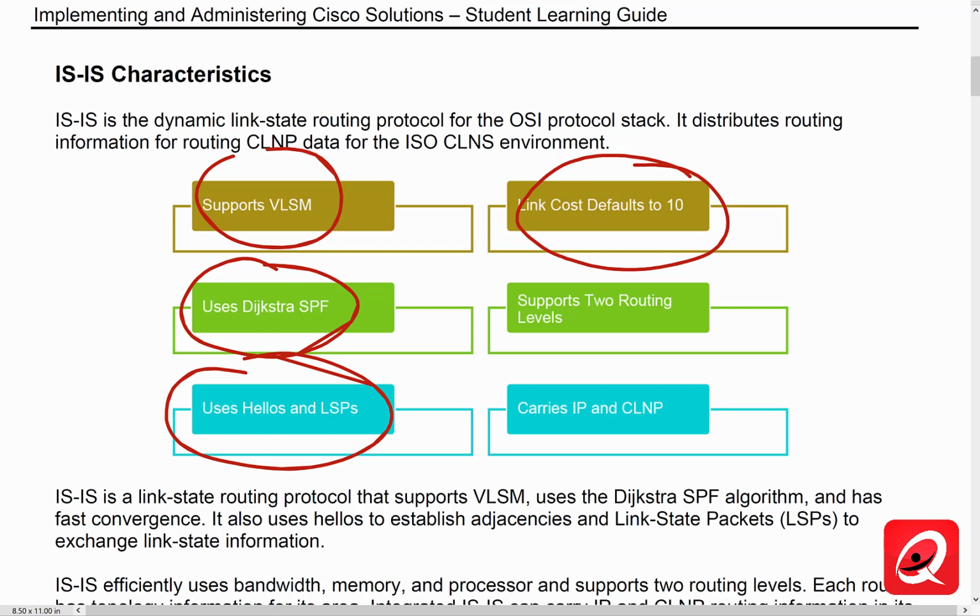Only the egress interfaces matter in that particular case, and that becomes the actual cost of those individual interfaces. In the concept of ISIS, we can modify the cost value of the specific interfaces, but the reality is that the interfaces have all the same cost. Doesn't matter if it's gigabit, doesn't matter if it's fast Ethernet, doesn't matter if it's terabit. We're going to default the cost to 10.